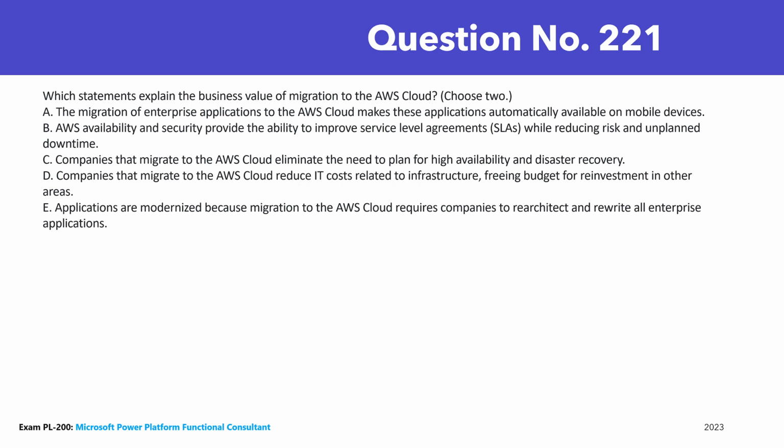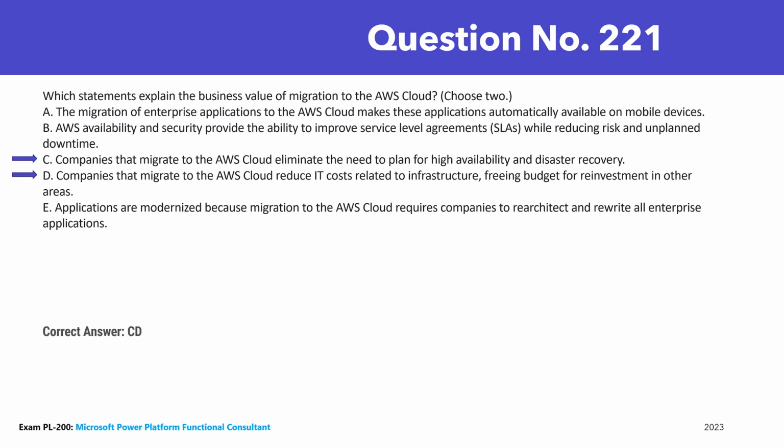D. Companies that migrate to the AWS Cloud reduce IT costs related to infrastructure, freeing budget for reinvestment in other areas. E. Applications are modernized because migration to the AWS Cloud requires companies to re-architect and rewrite all enterprise applications. Correct answer, C and D.